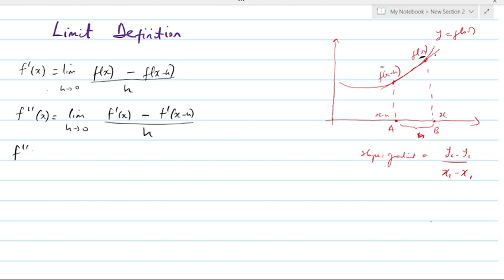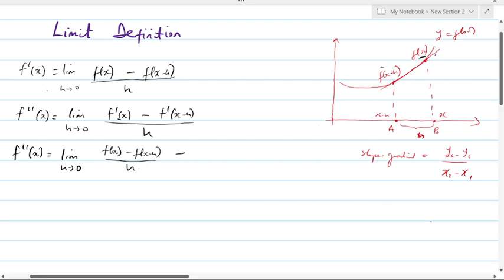So now we need to substitute the value of f prime of x, which is given as all this. So we have f of x minus f of x minus h, everything over h, minus, okay, check here, we substitute x minus h for this x, so that we can find f prime of x minus h.